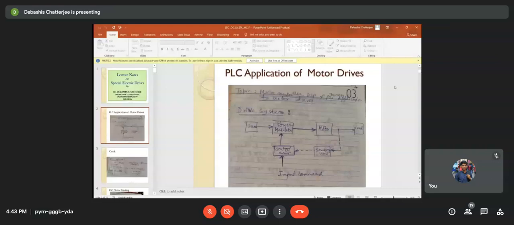Now 80% are motor loads, and out of these, 85% to 90% of the motors are induction motors.